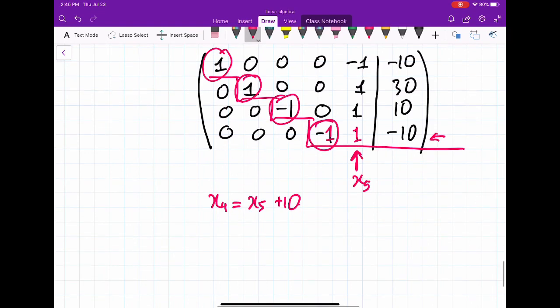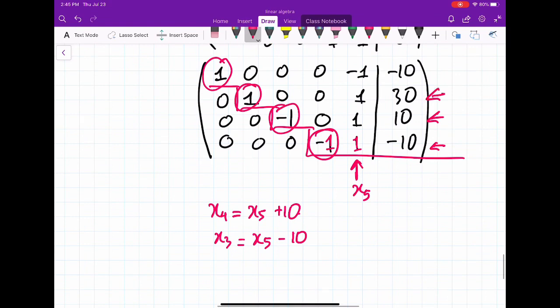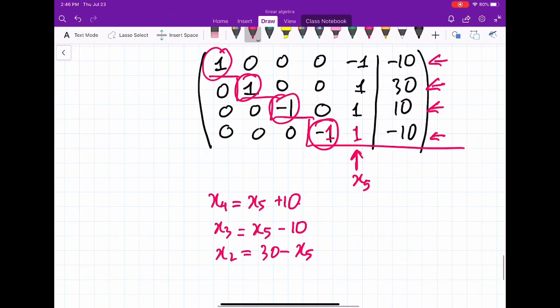And then move to the third one. I have x3 equal to x5 minus 10, right? And then from the second equation, I got x2 equal to 30 minus x5. And then from the last one, I got x1 equal to x5 minus 10.